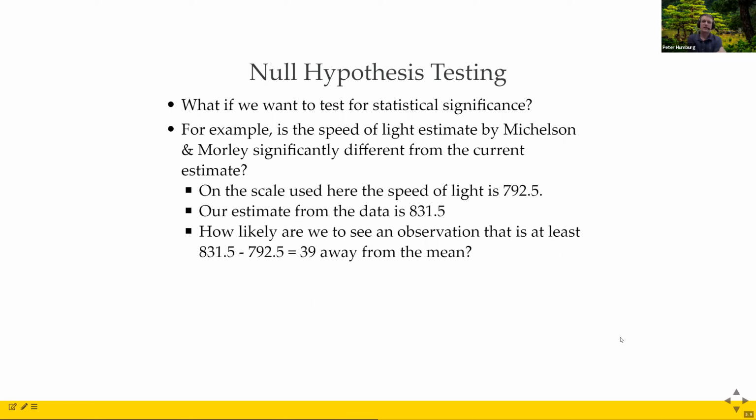So just continuing this example, we could ask, in an attempt to figure out whether this measurement of the speed of light is any good, is there sufficient evidence to say that the speed of light they determined based on this experiment is actually different from the one that is our current best estimate, which on the scale that this data set is on is 792.5.